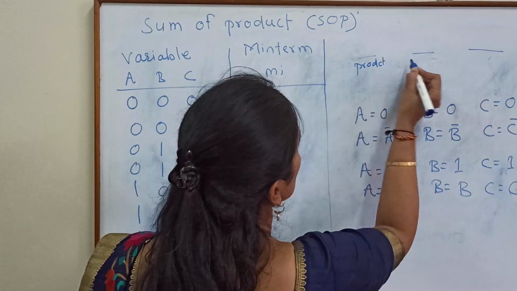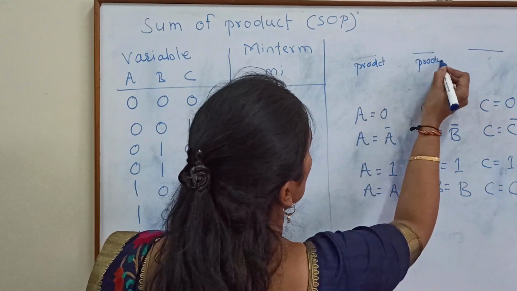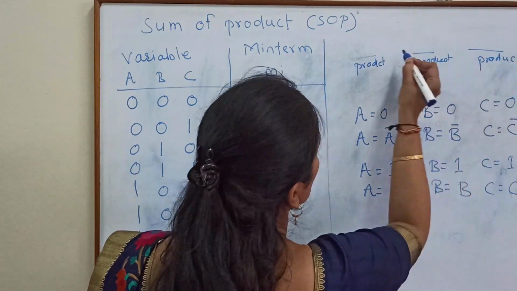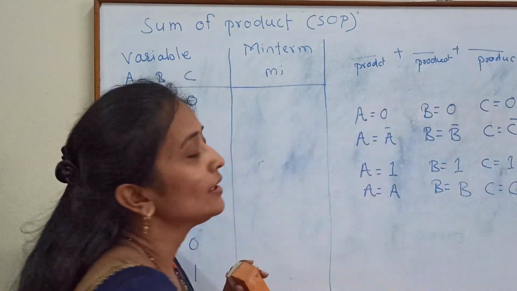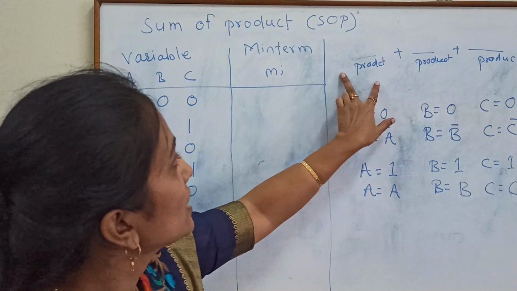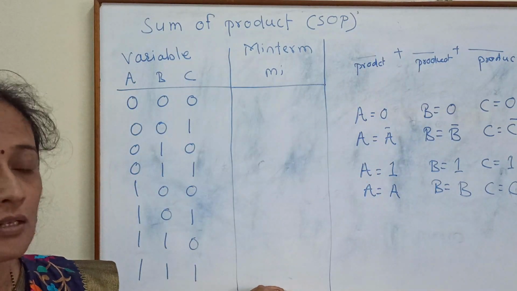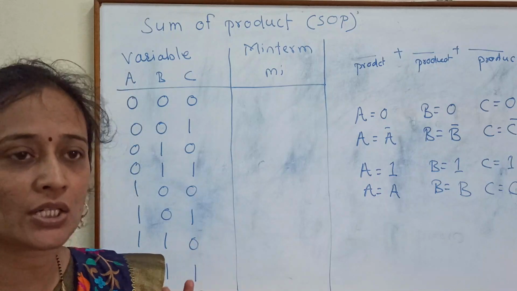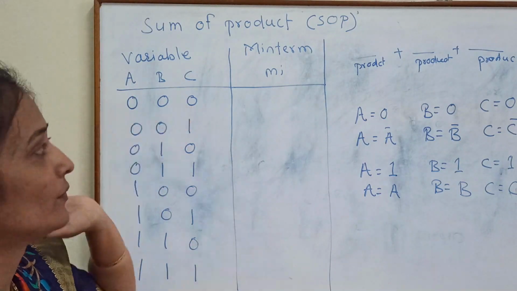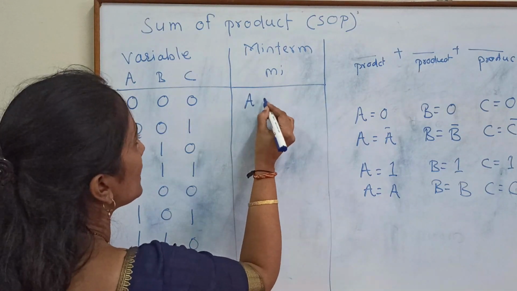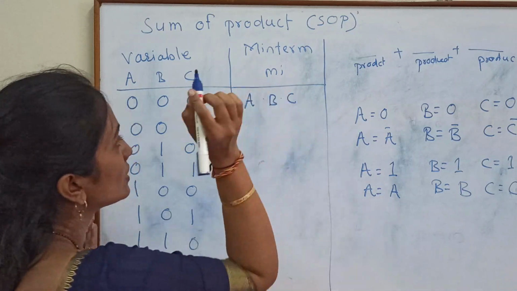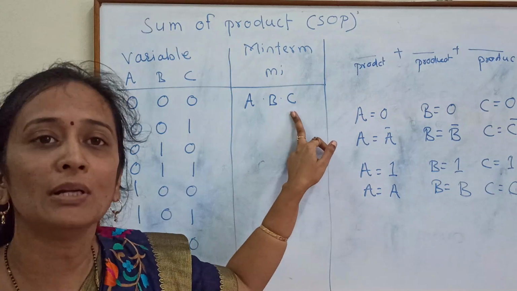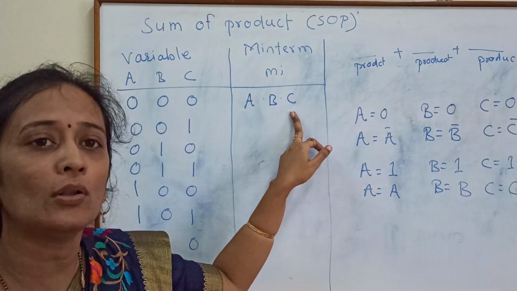This is a product, this is a product, and this is a product, for example, and here we are doing the addition. Each term we are writing here should be the multiplication of A, B, C. Therefore, I will write here A into B into C. What is the min term? Min term is the multiplication, or AND, of all variables.